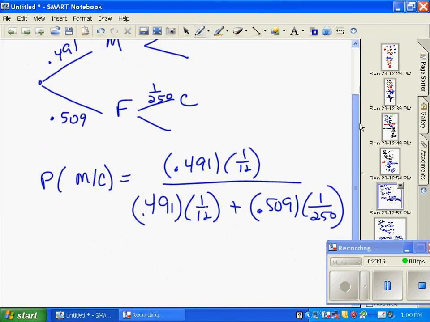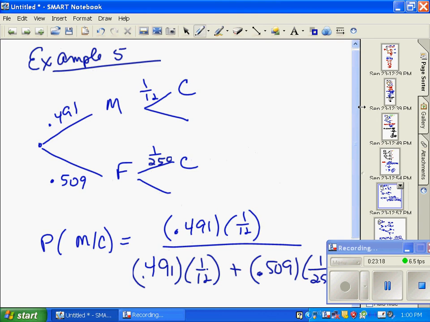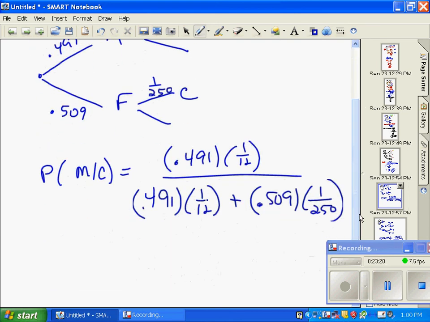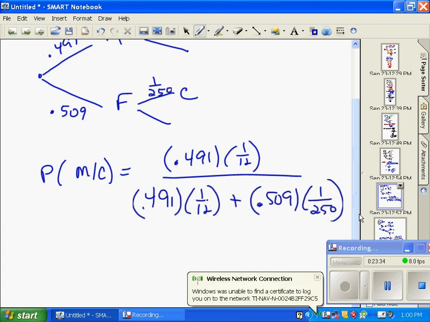Here is my tree diagram for number 5. Notice I don't even fill out the second part of that second branch of the tree diagram. This would be more of a setup only because of our strange little numbers. We definitely need a calculator on that. Pause that if you need to look at it more.